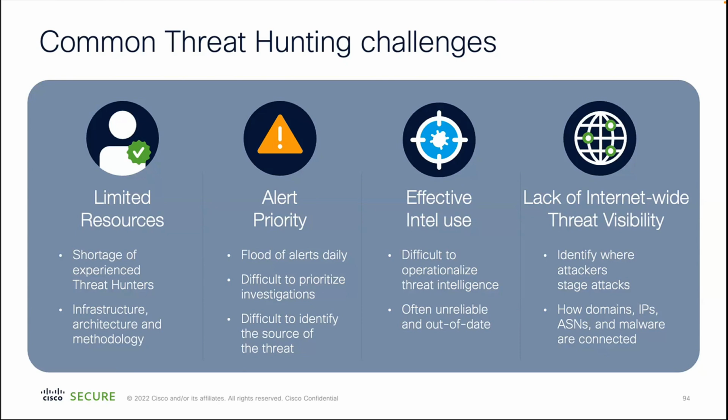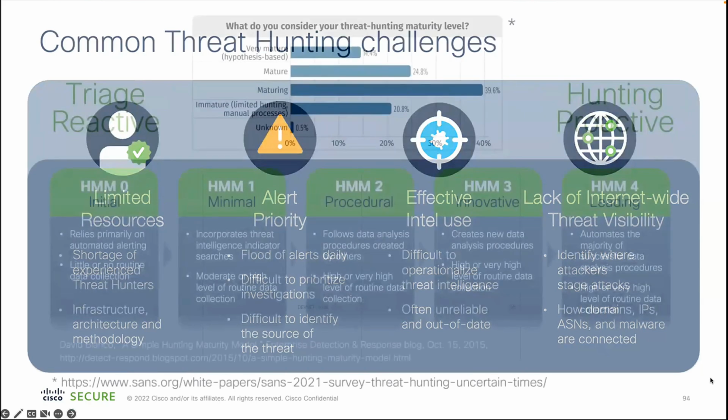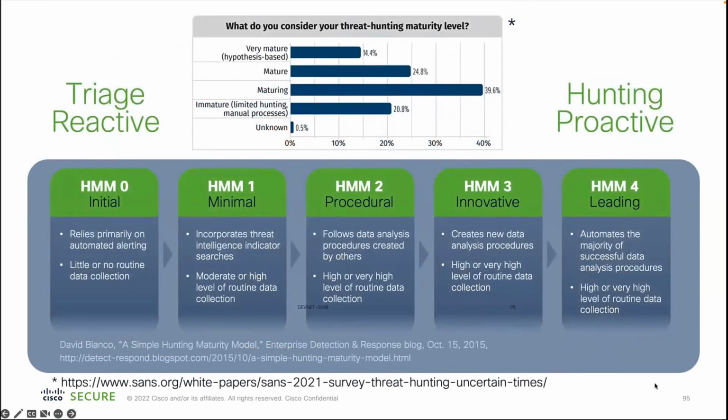And it's very hard to get the larger internet-wide scope visibility into attacks, campaigns, and things like that. This is why threat hunting teams are working with incomplete or unreliable data, and they're dealing also with limited resources challenges, right? And plethora of alerts. That's why they themselves do not identify themselves as matured.